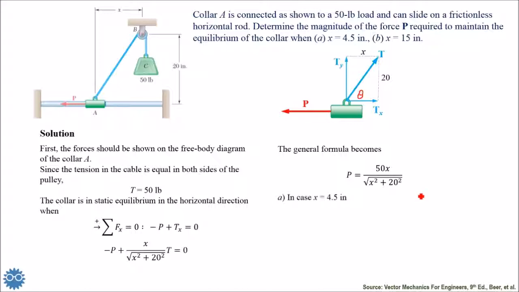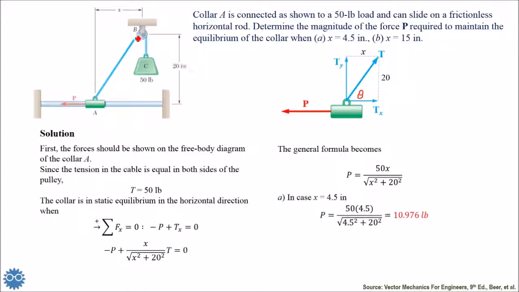Now, in case of x equals 4.5 inches, we can substitute the value 4.5 and we get the value of the force P, 10.976 pounds. This is the case when the distance here is very small.